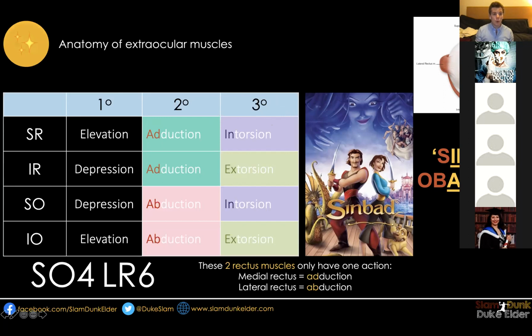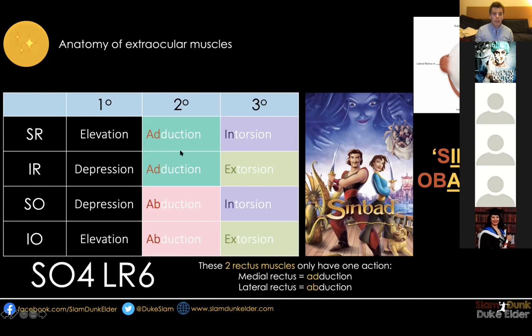So inferior rectus and superior rectus are the only rectus muscles on this table, so they do adduction. The oblique muscles abduct, so superior oblique and inferior oblique abduct. And then the inferior muscles, inferior rectus and inferior oblique, they extort.